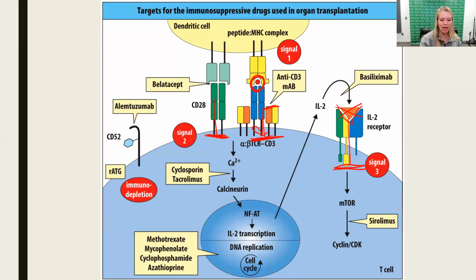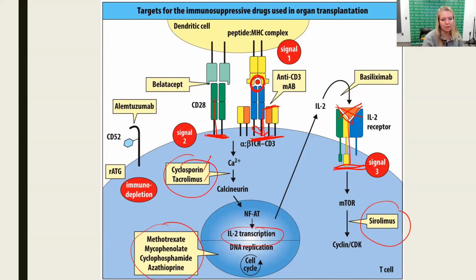And then along the way, there's other types of drugs that can interfere with different places of T cell activation. So a lot of different drugs have been utilized. The ones I'm most familiar with would be like cyclosporin and tacrolimus. They're going to prevent IL-2 transcription.